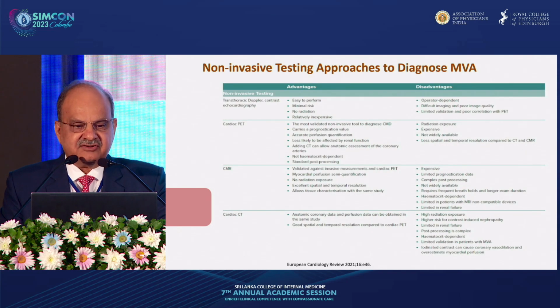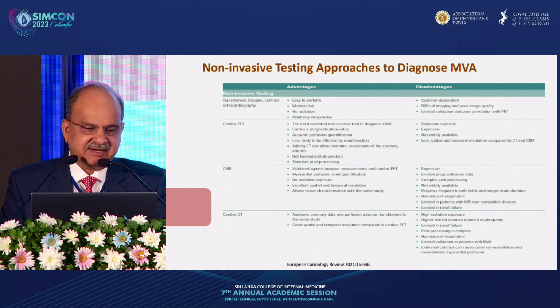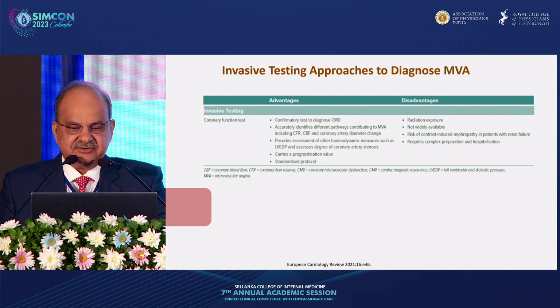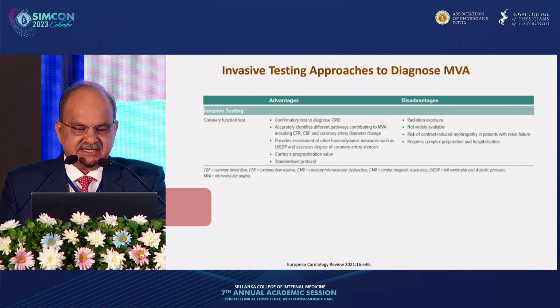These are the various non-invasive testing approaches to diagnose microvascular angina, like cardiac PET, transthoracic Doppler contrast echo, CMR, and cardiac CT, then the coronary function test, and they have advantages and disadvantages. The invasive testing is the confirmatory test to diagnose CMD. It accurately identifies different pathways contributing to microvascular angina, carries prognostication value and a standardized protocol.